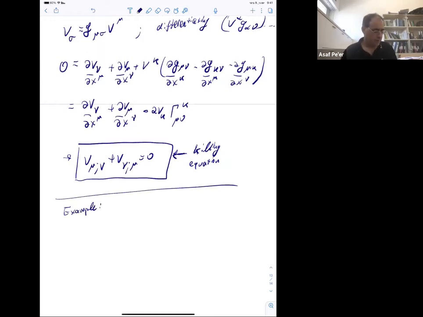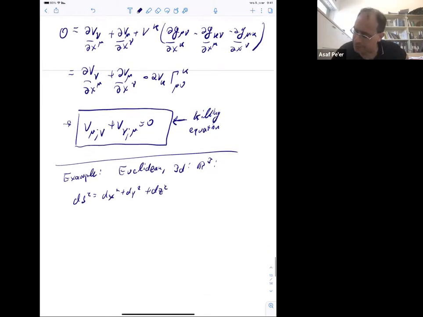Right. So Cartesian 3D space, Euclidean space. So the metric would be ds squared is dx squared plus dy squared plus dz squared, right? Independent of x, y, and z.